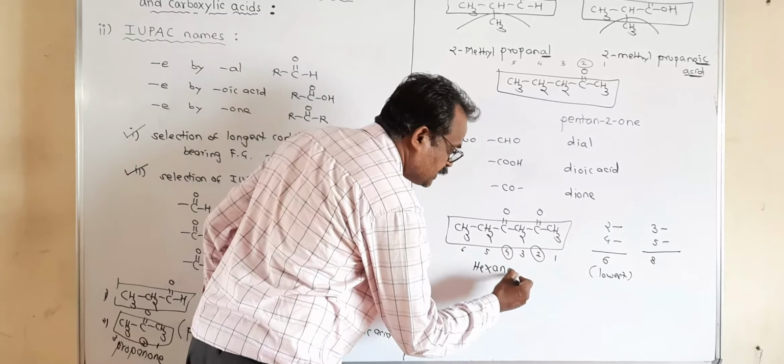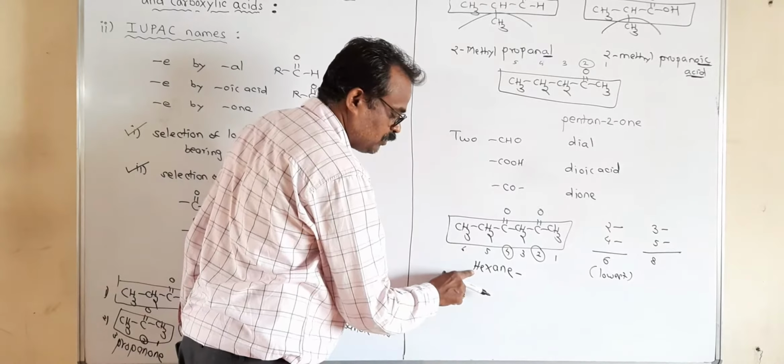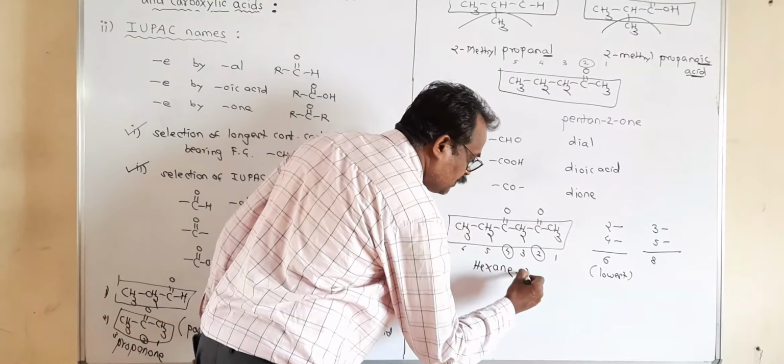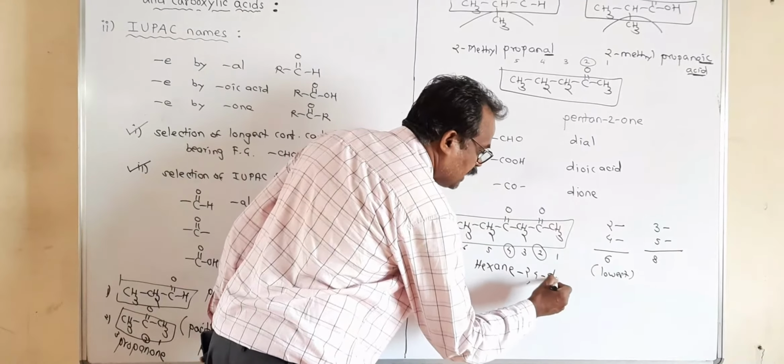So this is the correct way of numbering the chain, from this side 1, 2, 3, 4, 5, 6. So the CO groups are present on carbons 2 and 4. So this is known as hexane-2,4-dione.